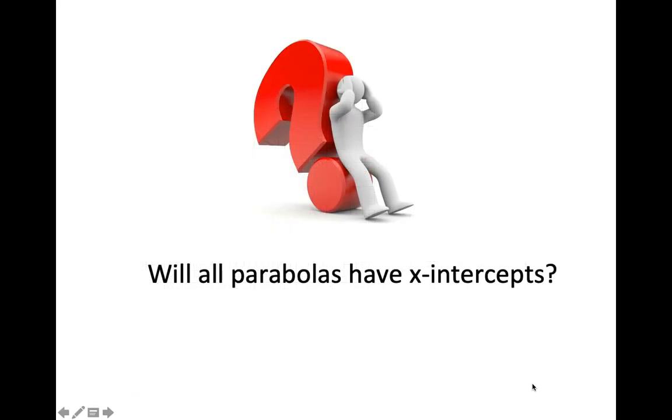Now, a couple of questions for you that I want you to be thinking about as you imagine what a parabola looks like. First of all, will all parabolas have x-intercepts? If you stop and think about the way parabolas are shaped, hopefully you can consider that there are a couple of cases where we will not have x-intercepts.